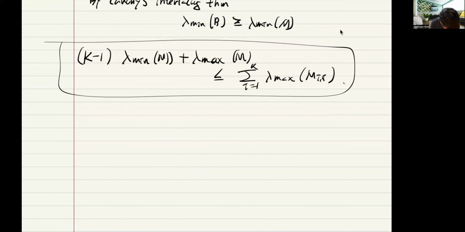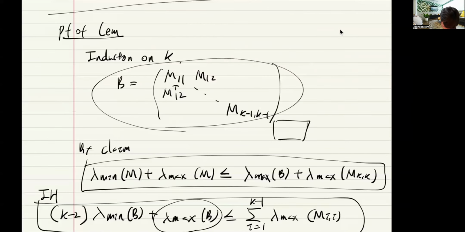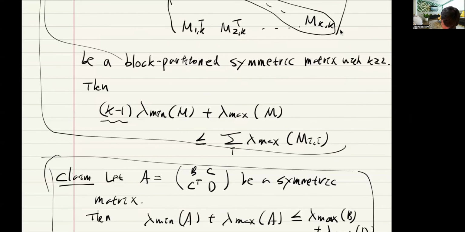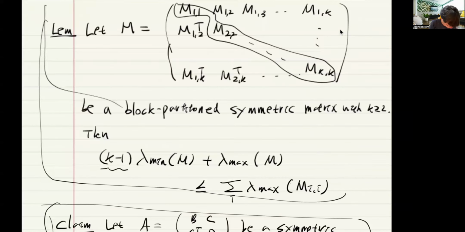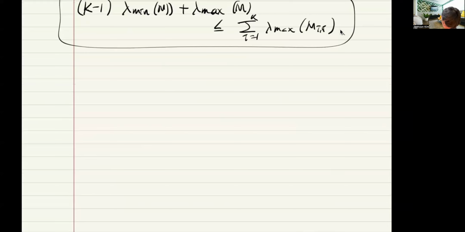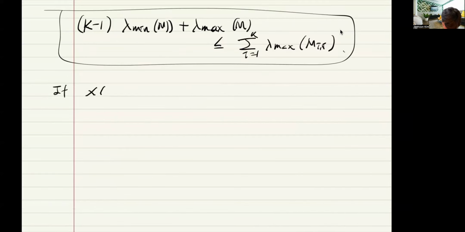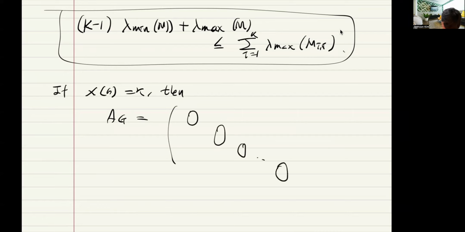So now, using this lemma, we can prove the lower bound on the chromatic number in terms of its eigenvalues. If the chromatic number of G is K, then the adjacency matrix can be written as 0, M1,2, up to M1,K, and then M1,2 transpose to M1,K transpose in this way.